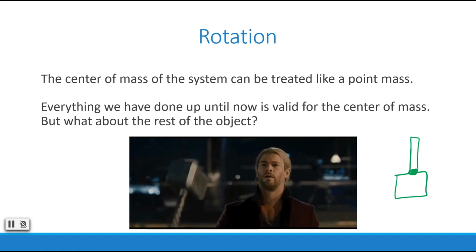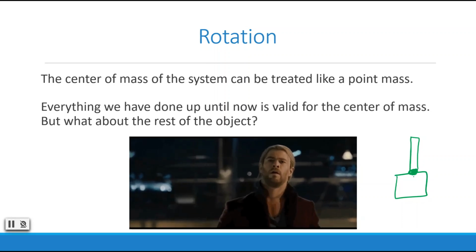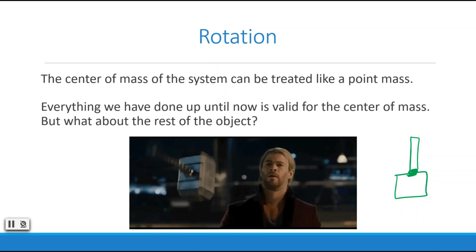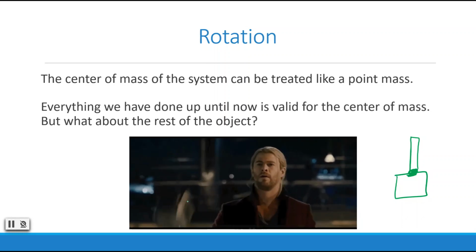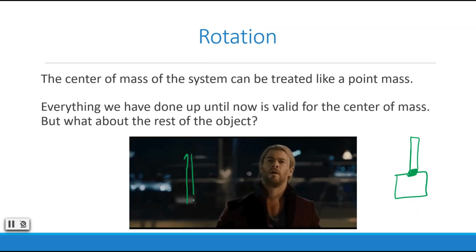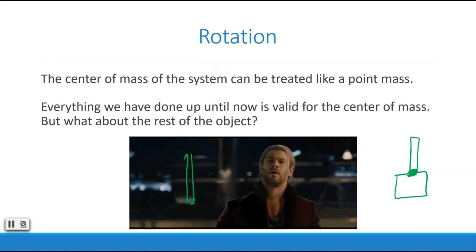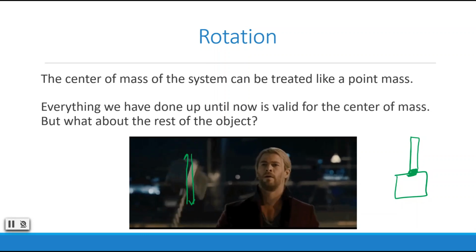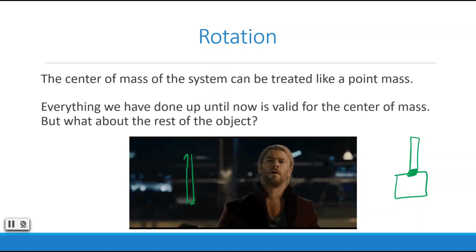Okay, that's going to be your center of mass of the hammer, right there at the distance between the hilt and so forth. As he tosses this up and down, that center of mass is going to go up and it is going to come down. And the center of mass is going to be governed by everything we did in 1D motion. So think about free fall.